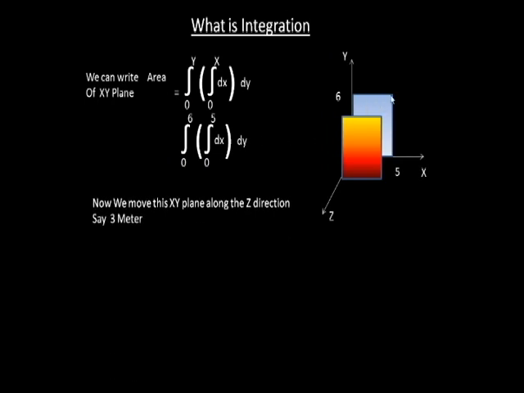Now we move this plane along the z direction, say 3 meters. Then we can write the volume of this figure. We move this plane along the z direction, from 0 to z.